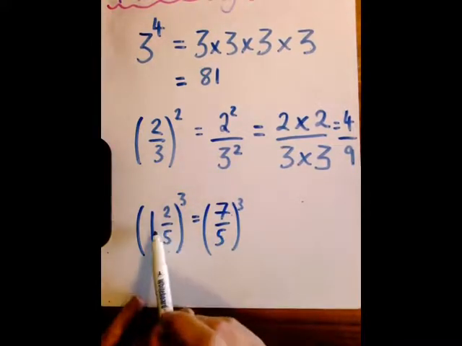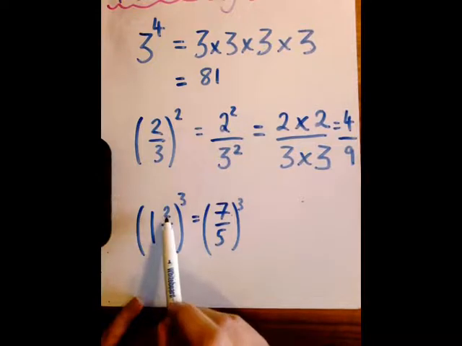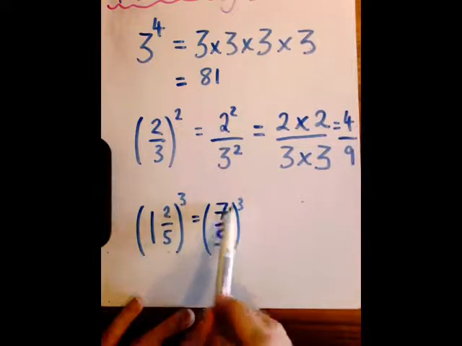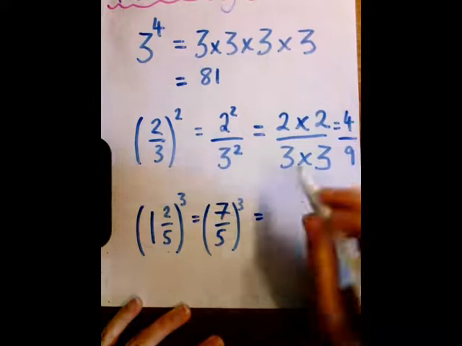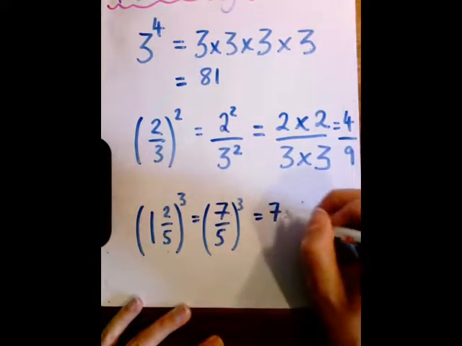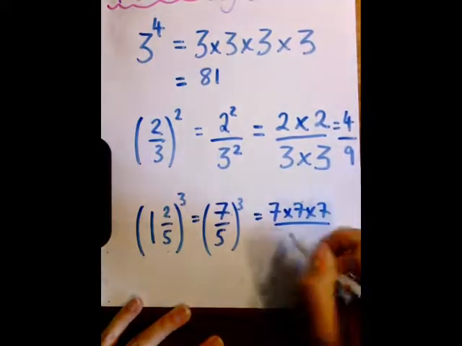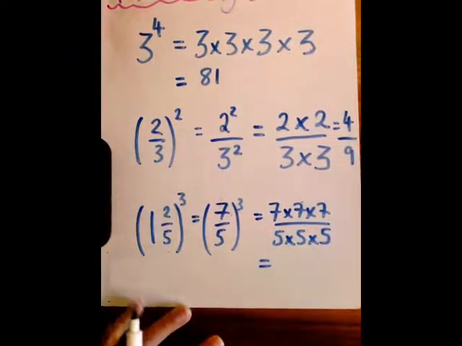Some people think about this by doing the whole number times the denominator, then adding the numerator. So 1 times 5 add 2, and that gives you the top number. So that's kind of a quick way of doing it. And then for this, again, you just got to remember you do the power to the top and the bottom. So it would be 7 cubed on top, which is 7 times 7 times 7, and then 5 cubed on the bottom, like that.